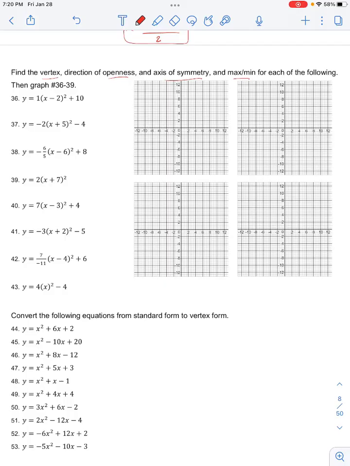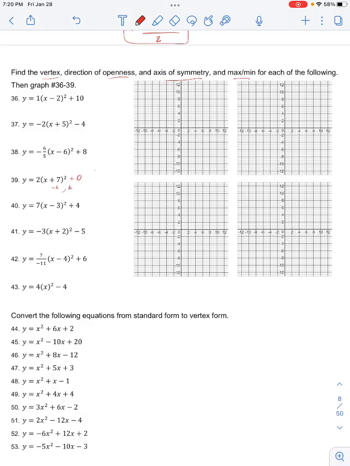Even though it looks like it's in intercept form, we can technically say that it's vertex form because our plus k is 0. So then our vertex is at negative h and k.